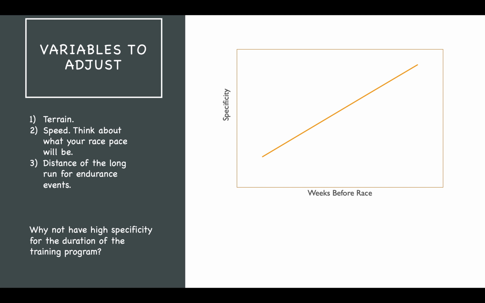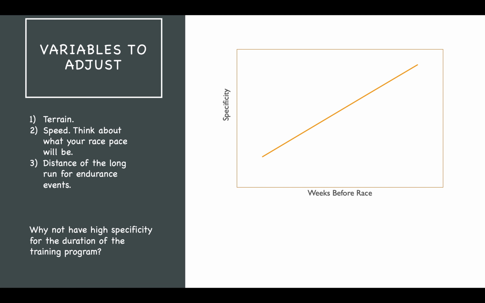But in terms of why specificity increases as we get closer to race day, it's because any athlete can only hold a peak in terms of fitness and preparing for an A race for a few weeks.